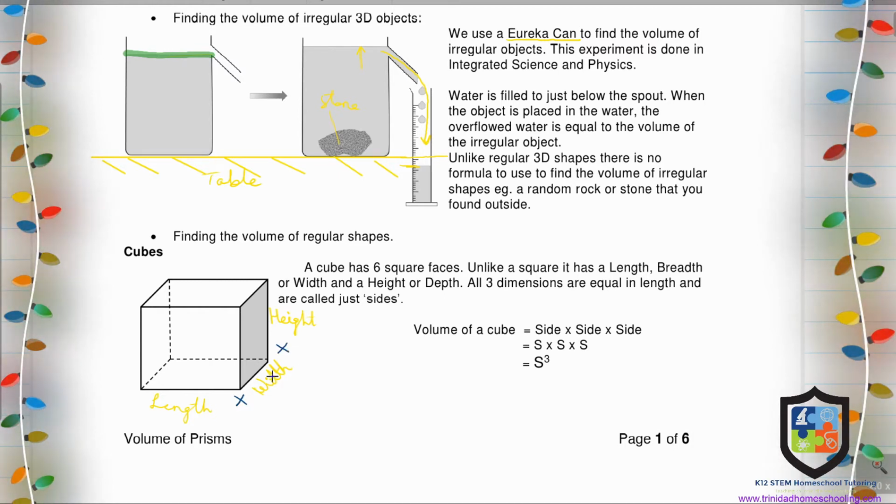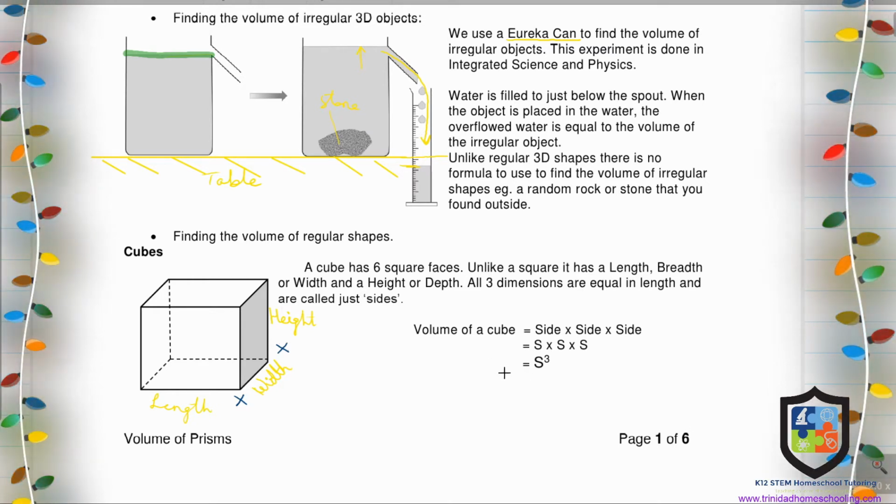Usually, to find the volumes of these regularly shaped objects, there's some formula. The formula for the volume of a cube, and we have the sides here, so let me highlight a side for you. A side would be one of these.